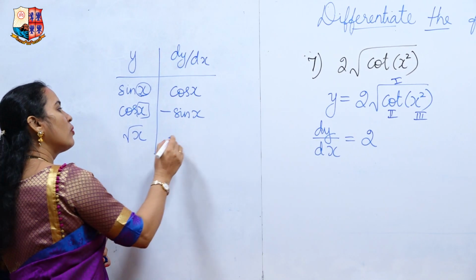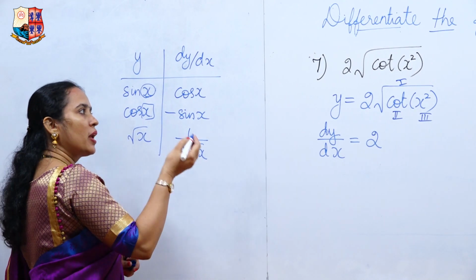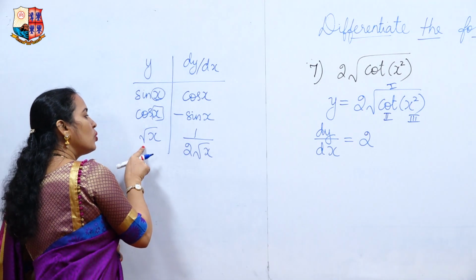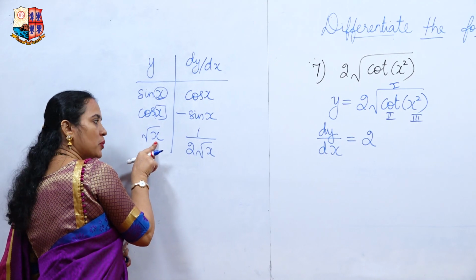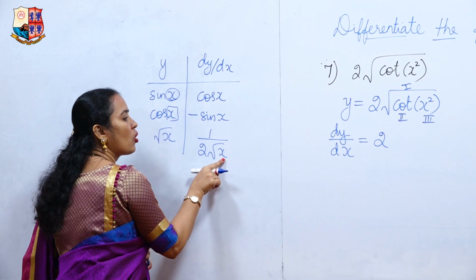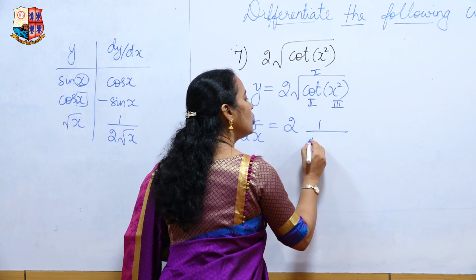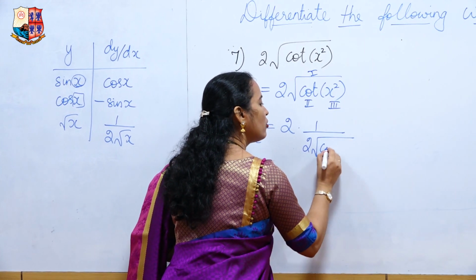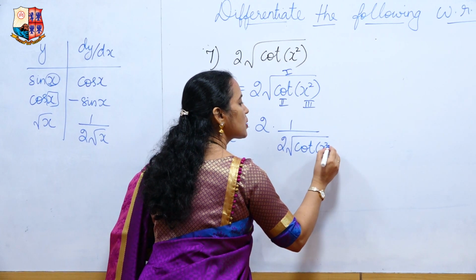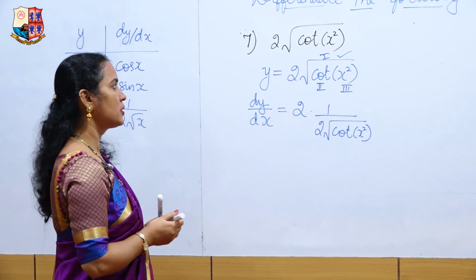What is derivative of root x? 1 by 2 root x. So apply the same over here. Root of cot of x square will be 1 by 2 square root of cot of x square. So into 1 by 2 square root of cot of x square. So done with the first square root.